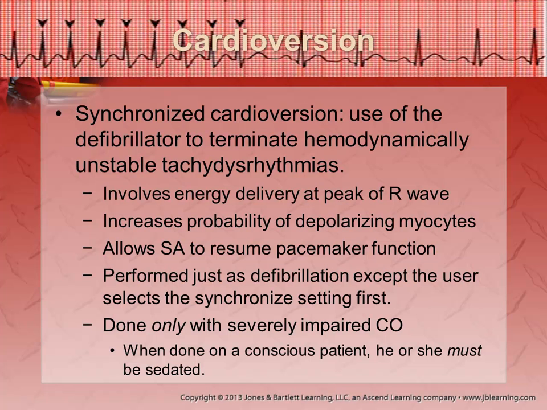The idea is that we're going to hit this hemodynamically unstable tachydysrhythmia. What are some of those? SVT, VTAC with a pulse. Not VFib, because it's going to have its own protocol. AFib, RVR. All right?